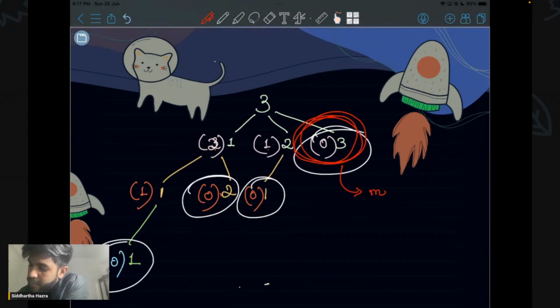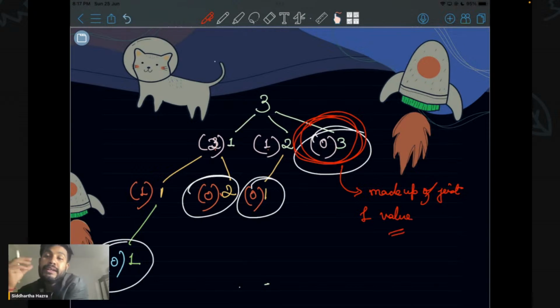Okay, made up of just one value. And we are told in the question that the value should consist of 2 or more than 2 parts. So if we are told that this food has to be distributed among more than 2 people, but we fed all the food to just one, that is not valid, right?